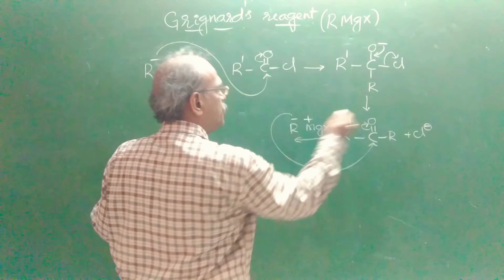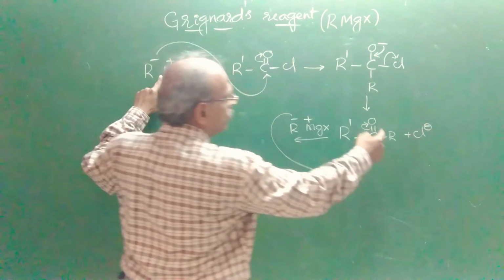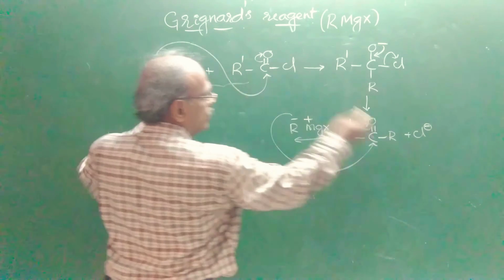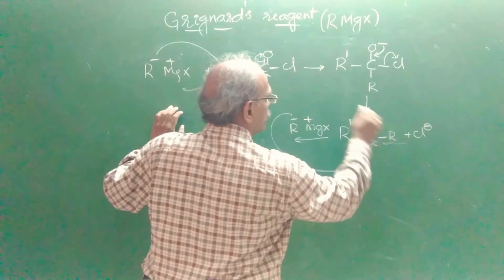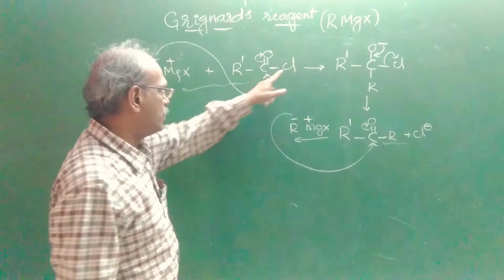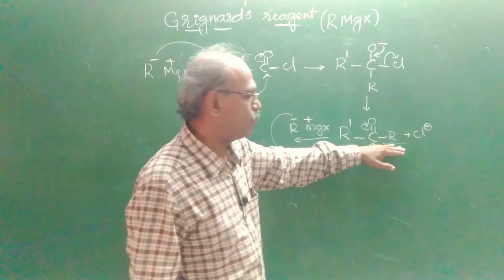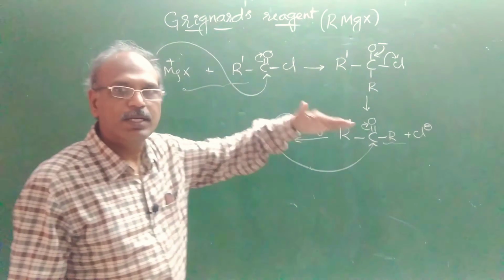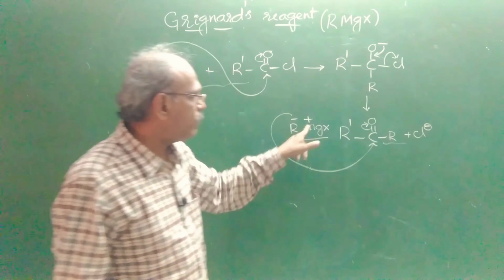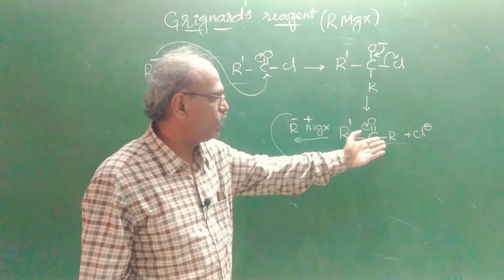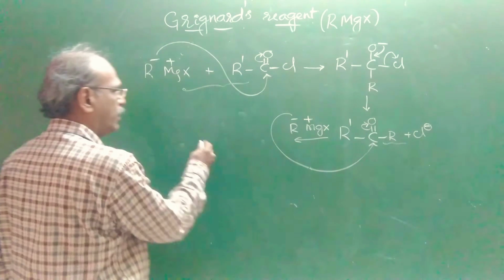Nucleophilic addition from this to this. From the starting step to this step, that is nucleophilic substitution, Cl minus is substituted by R minus. Here this is just addition, there is no leaving group, that's why addition takes place.